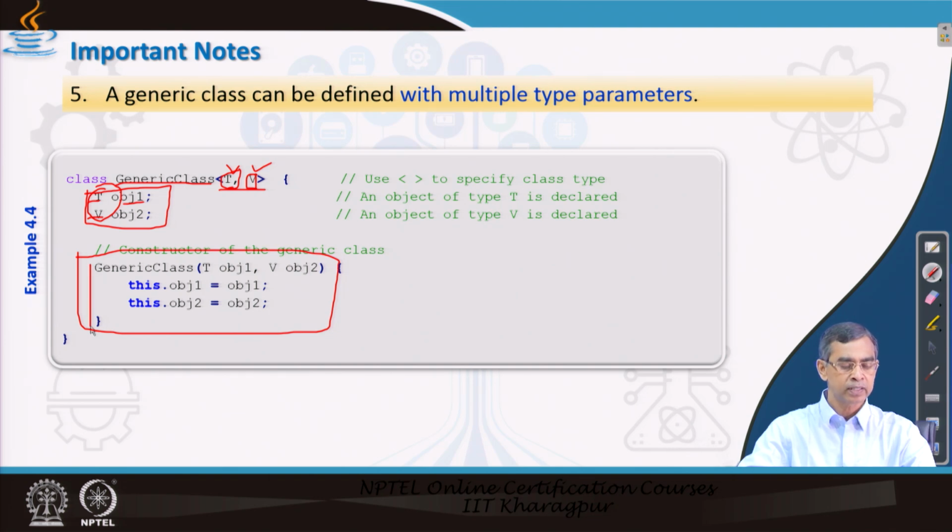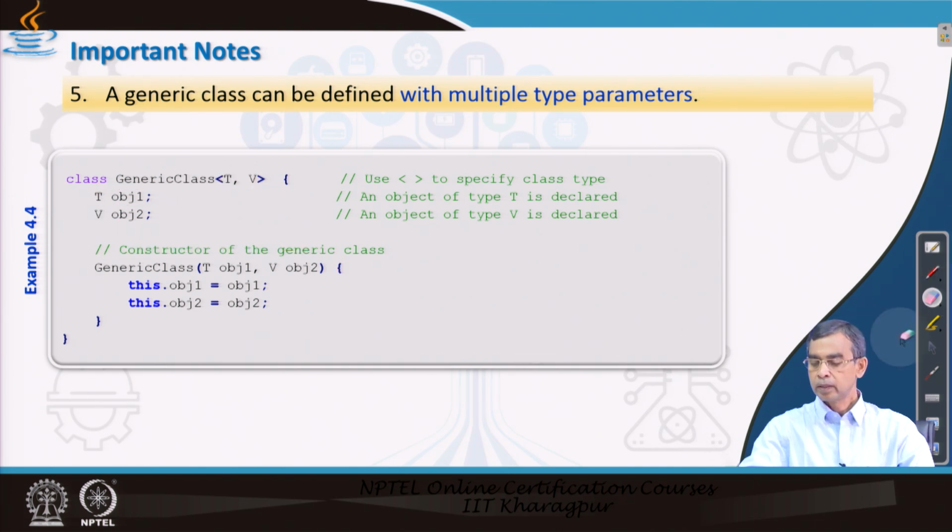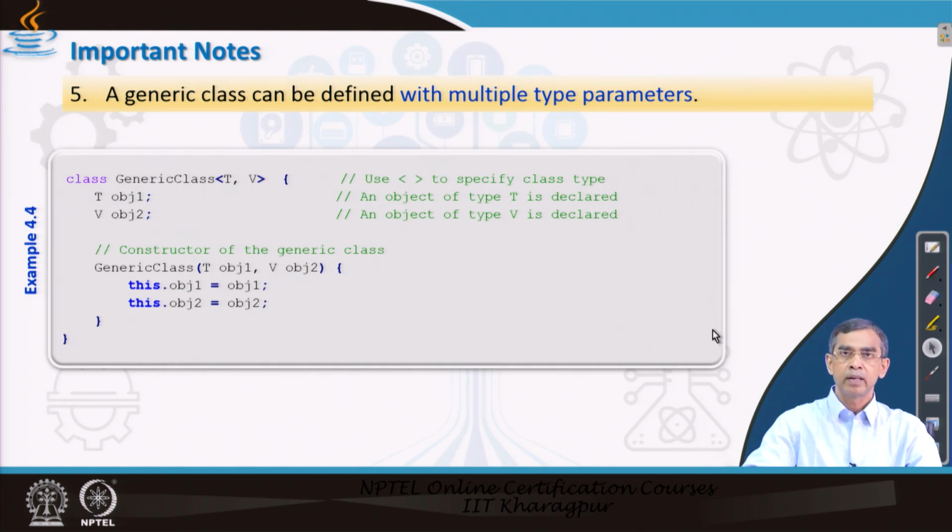So, we have learned the same way of extending the concept for more than one type of parameter. The same concept can be extended to 2, 3, 4 any type. Here the list of types should be mentioned separated by comma. So, T, comma, U, comma, V, comma, W, like any types, any numbers.